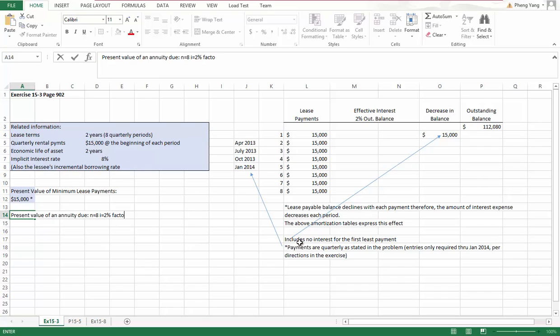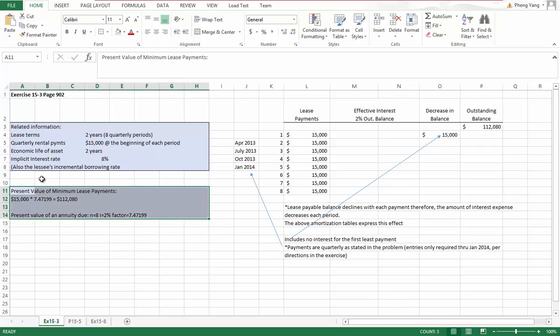Our factor using table 6 is 7.47199. So if we take that $15,000 and multiply by 7.47199, that should get us to the $112,808.